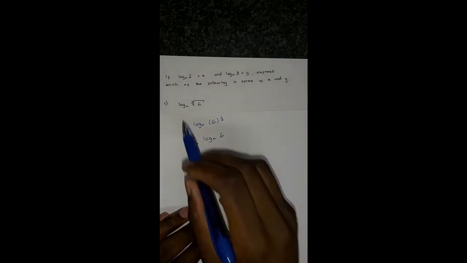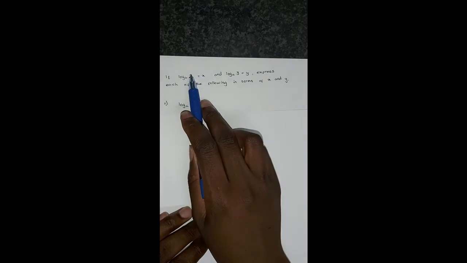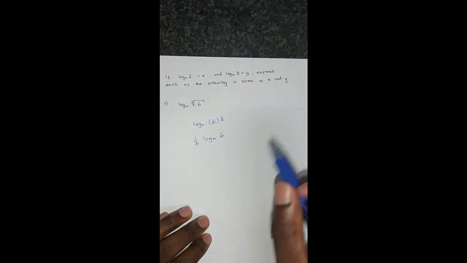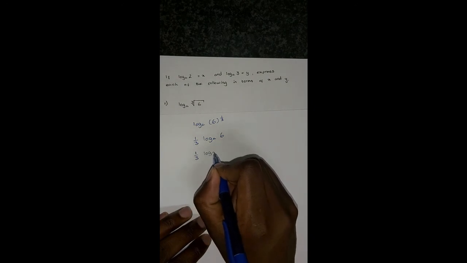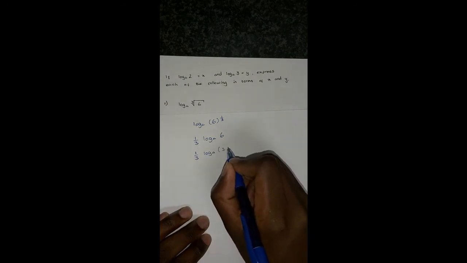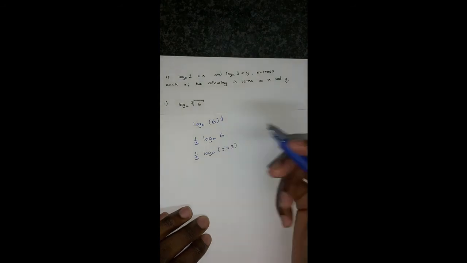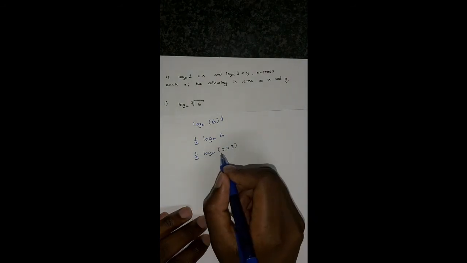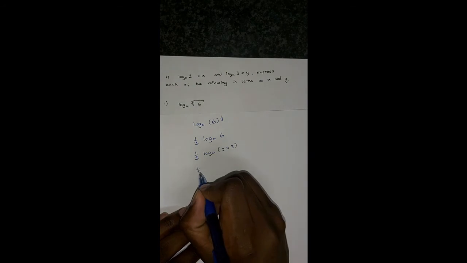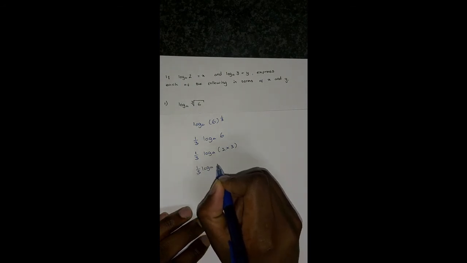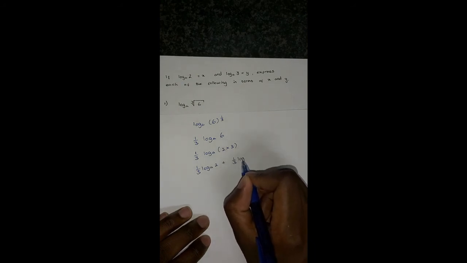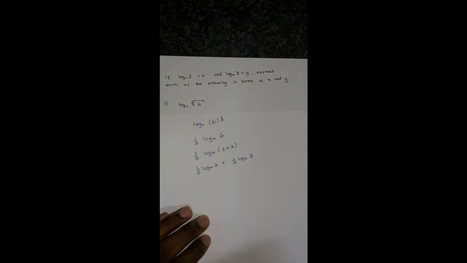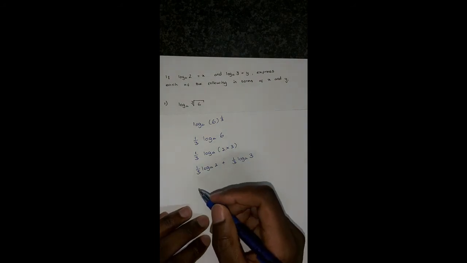But we do know log 2 to base a and log 3 to base a. So this one can be written as 1 over 3 log base a of 2 times 3, because 6 is 2 times 3. Then you can split them. So you have 1 over 3 log a 2, plus 1 over 3 log base a of 3. And then when you have something like this, you can just substitute.